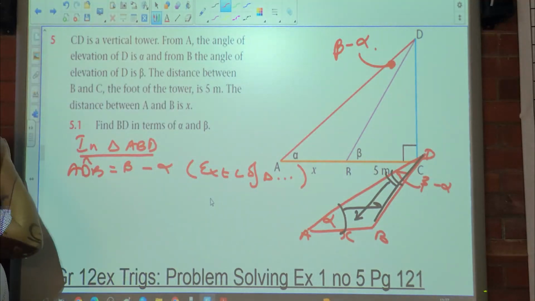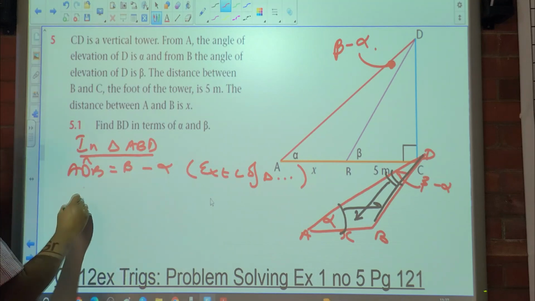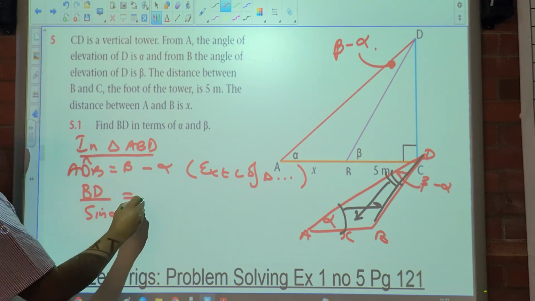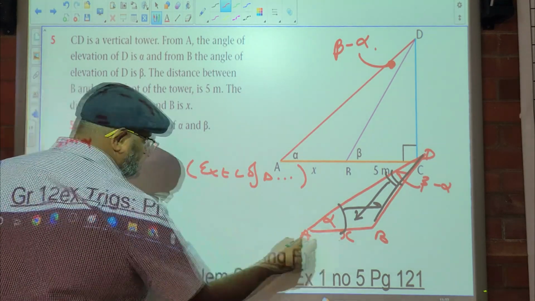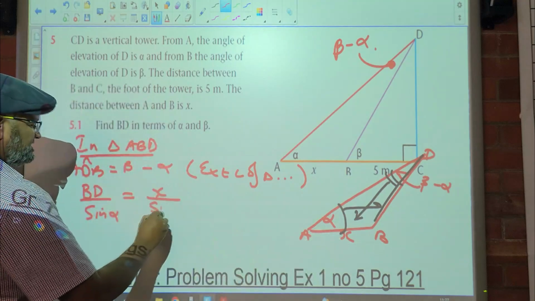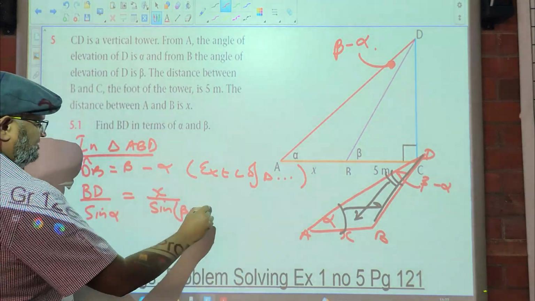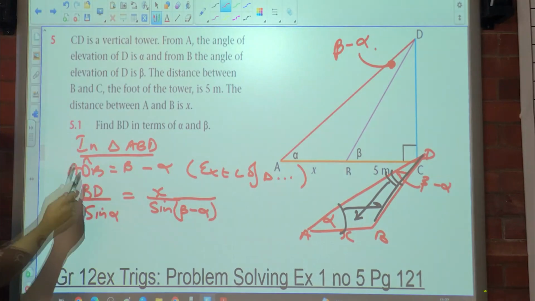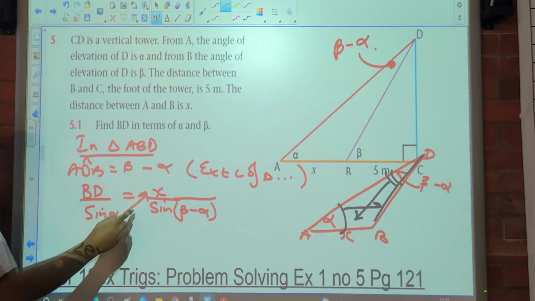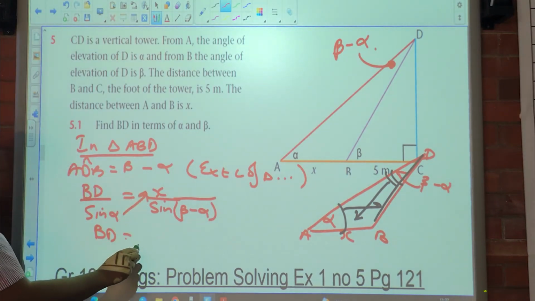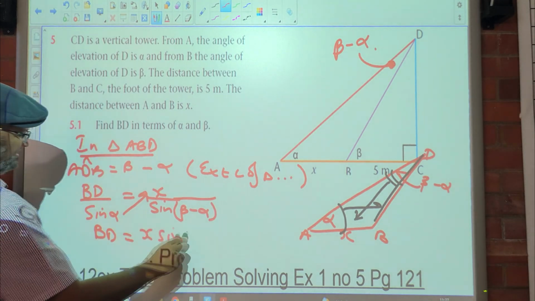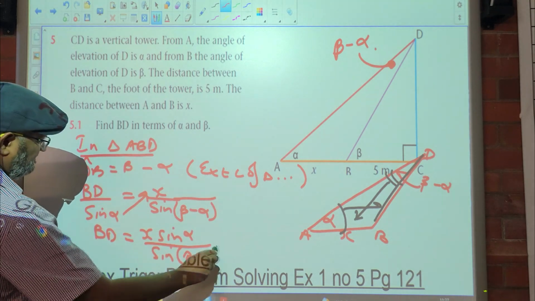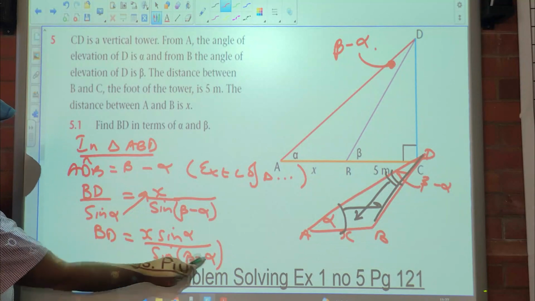Okay, so what do we say? We say that BD over sine alpha equals x over sine of beta minus alpha. So what are you going to make the subject of the formula? BD. So we take it up. So BD is equal to x sine alpha over sine of beta minus alpha. People, can I cancel the sine alpha here with this alpha?